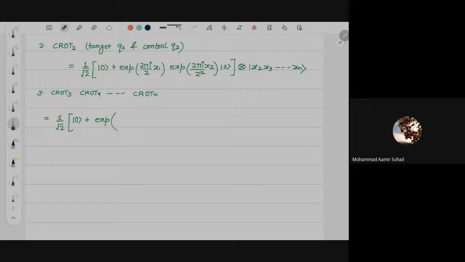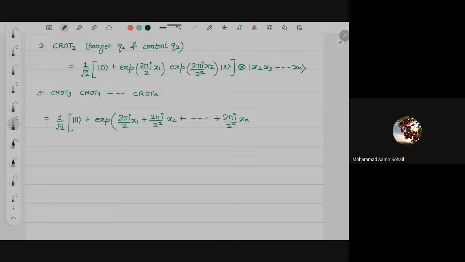These are a product of exponentials, so I can take the powers inside and do the summation. It will be 2 pi I by 2 x1 plus 2 pi I by 2 square x2, up to 2 pi I by 2 raised to n xn. So this is what we get.